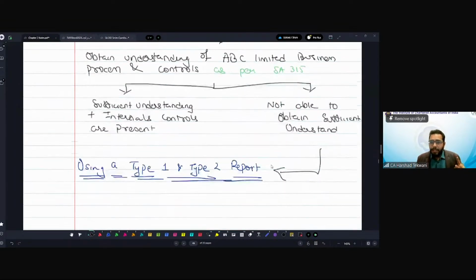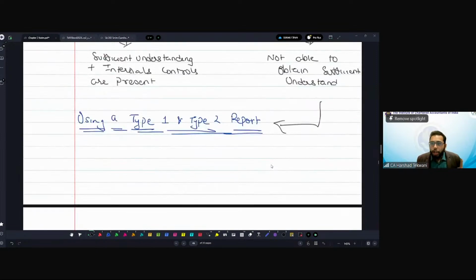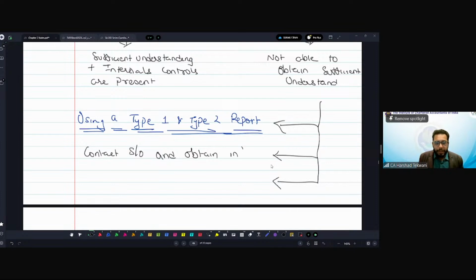So understand one thing. It is not mandatory for me to rely on the type 1, type 2 report in this scenario. It is not the only option available to me. Another option is that I may contact the service organization and obtain the information that I require.